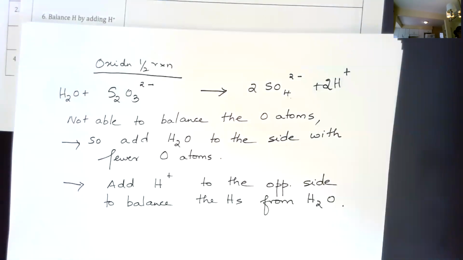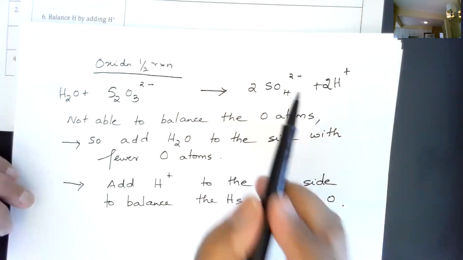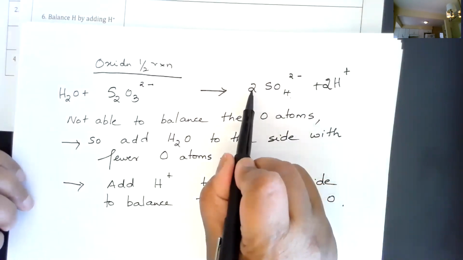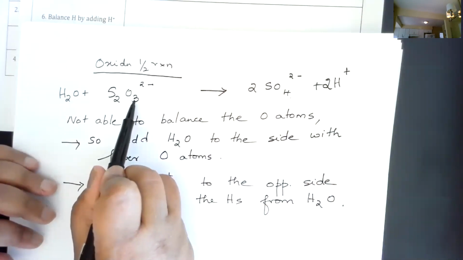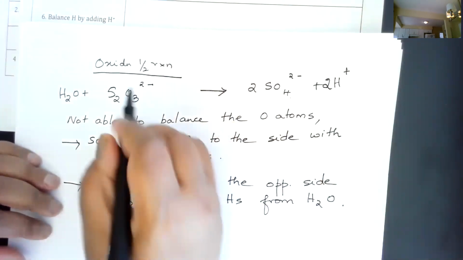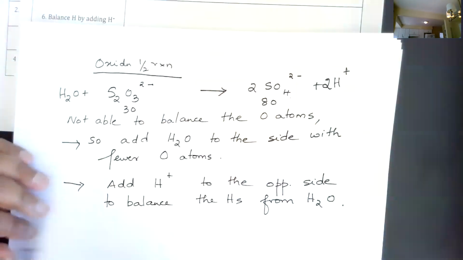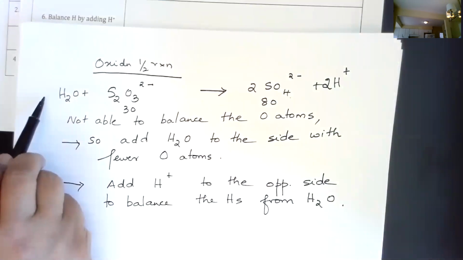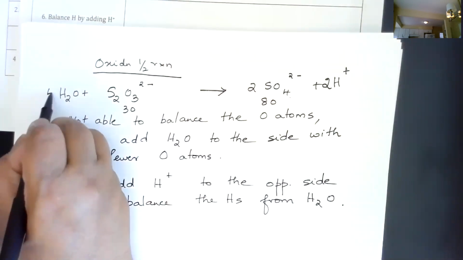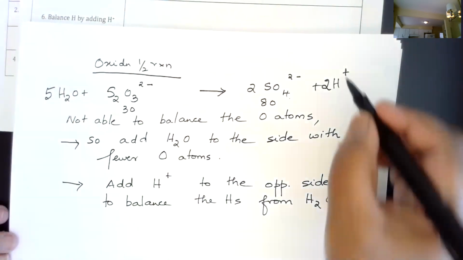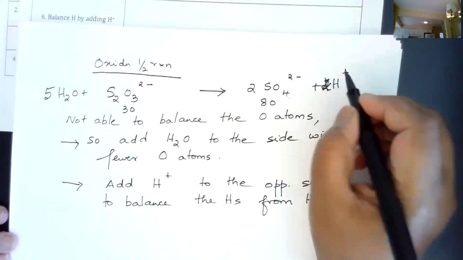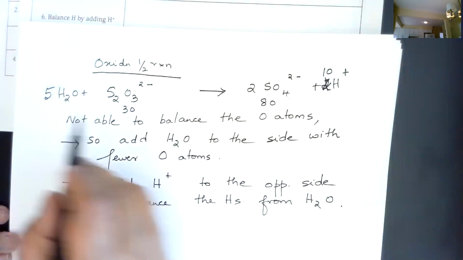So looks like everything is, no, what happened here? I forgot about the 8. So this is 3 oxygens, and here I have 8 oxygens. So how will you balance this? How many water molecules do you need? 5. Yeah, that's right. So this would be 10H plus.